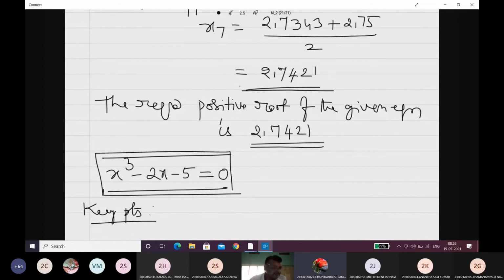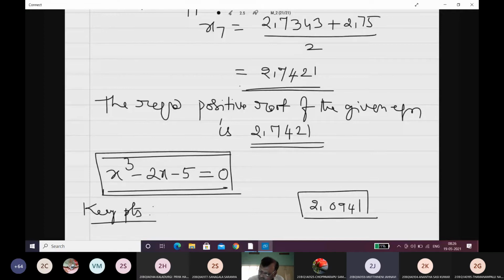Now tell me. Sir, we got 2.094, sir. 2.0941. Okay, if you got 2.094 that is correct. It was not asked to 3 decimals, sir; this is enough. So 2.094 is exactly correct. That means we get the solution at the 11th approximation, right?